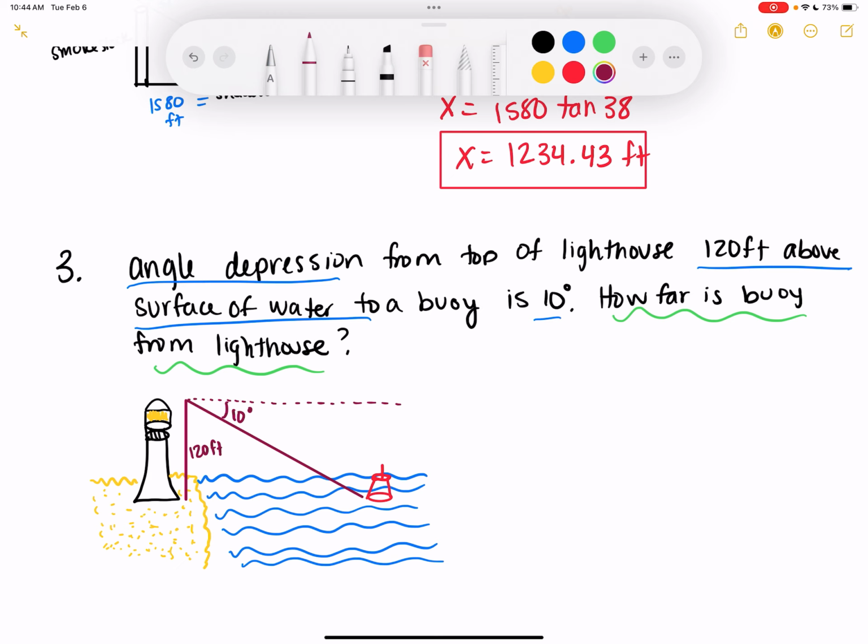Is there some sort of adjacent angle thingy? I'm trying to figure out this distance here.